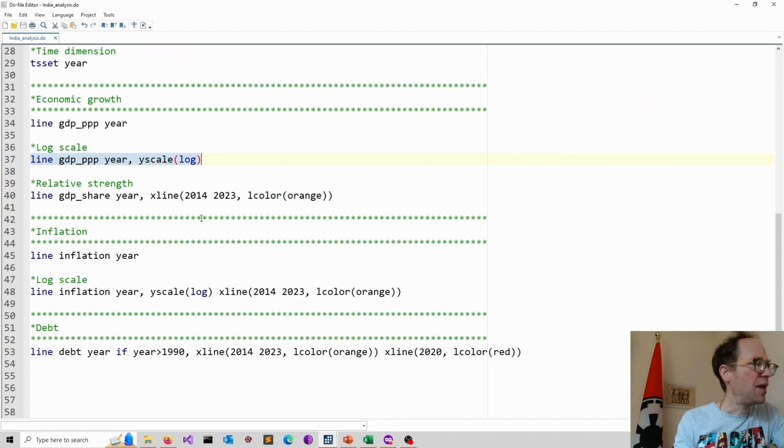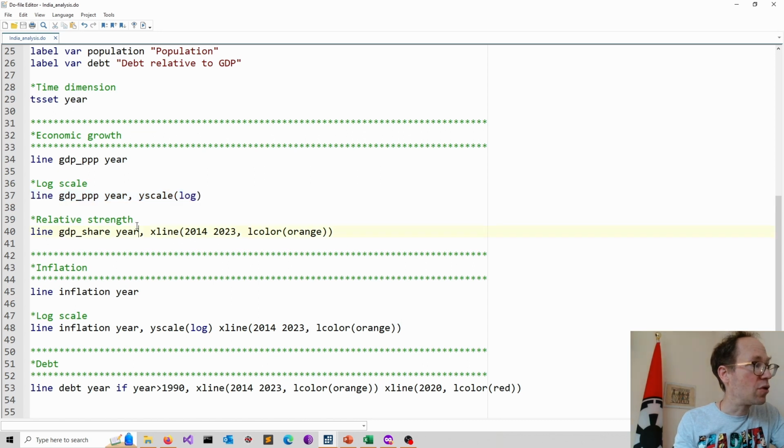The next thing which is interesting is to look at the relative strength. Now, this is India's share of world GDP. This tells you a lot more because this is about relative performance. So do you see India emerging as a powerhouse in this period?